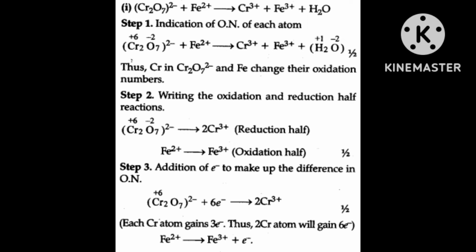Then now this 6+ you have to neutralize. Then on the left side you write 6 electrons. Okay, 6 positive charge is neutralized by 6 negative, means 6 electrons. Each electron has 1 negative charge. Now it is neutralized. You have written on the left side near the Cr2O7 2-, 6 electrons you have written.